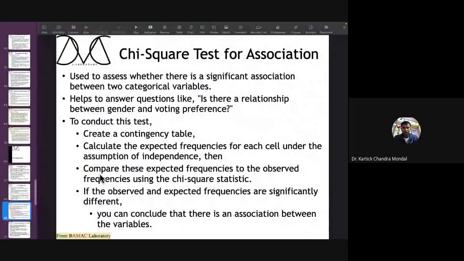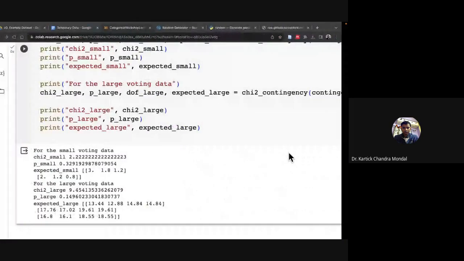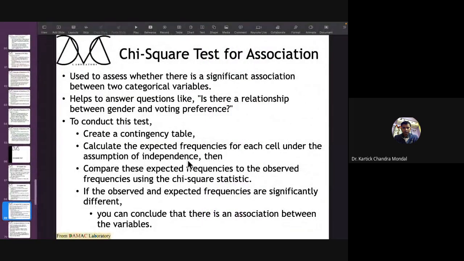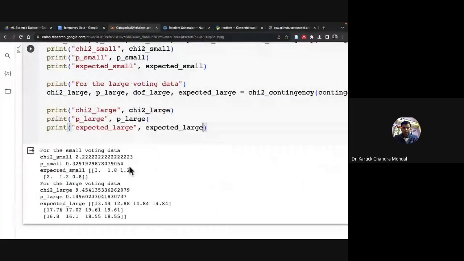It calculates the expected frequency for each cell under the assumption of independence. Then it compares the expected frequency to the observed frequency using the chi-square statistic, and after that comparison you get this value. This is the small one and this is the larger one.